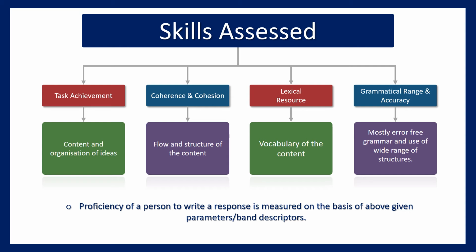The third one is the lexical resource, which means the vocabulary of your content. And the fourth one is grammatical range and accuracy. Here, grammar will be tested. So, the proficiency of a person to write a response is measured on the basis of the above given band descriptors.